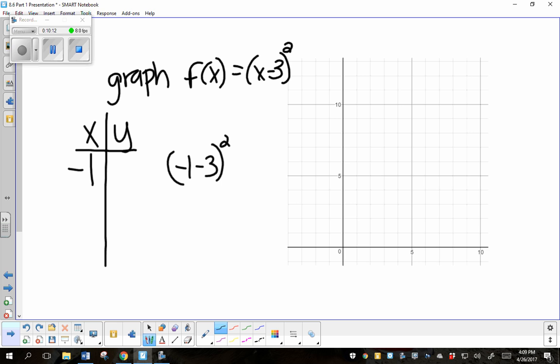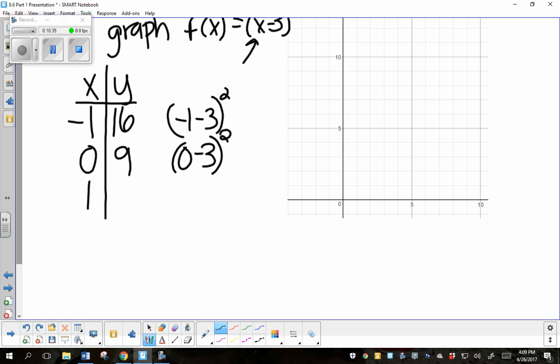So that's (-4) squared. So that's 16. Let's work our way up from there. So let's plug in 0. So that means we're doing 0 minus 3, which is -3, and squaring it. So that's 9. I'm just plugging in my number for this x right here.